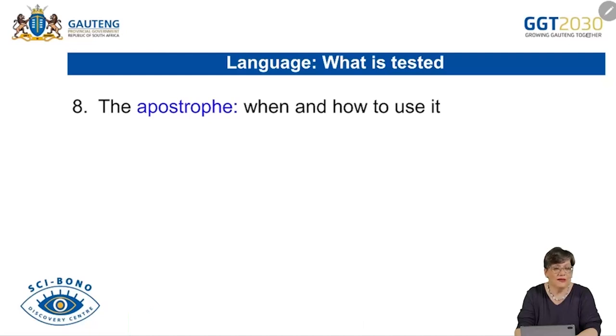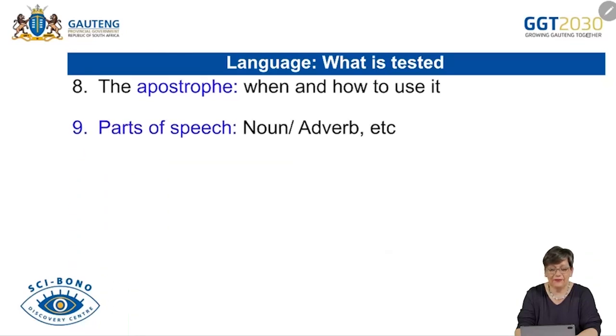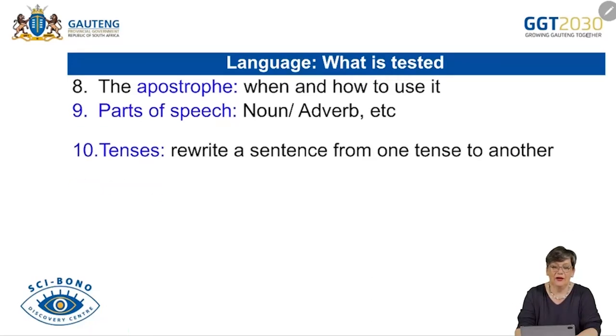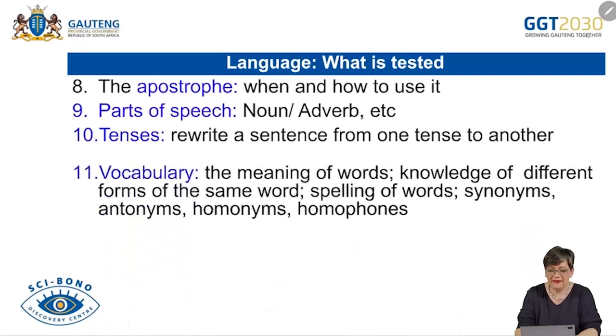We can also ask you about the apostrophe, when and how to use it. You might be asked to identify the parts of speech in a sentence. You can be asked to rewrite a sentence into another tense. For example, the present tense, the future tense, or the past tense.